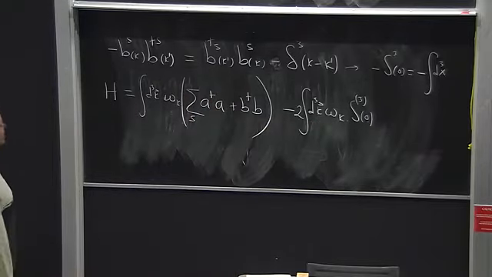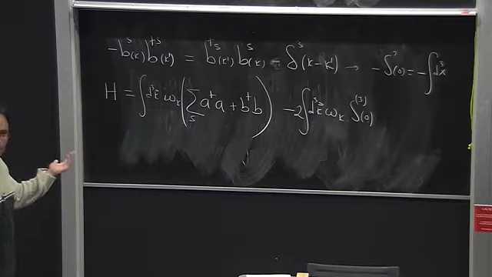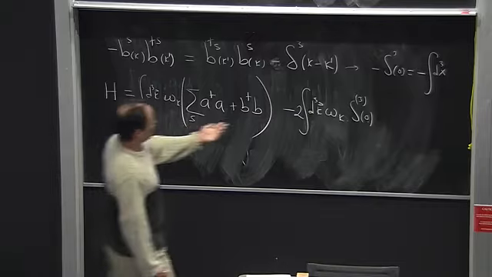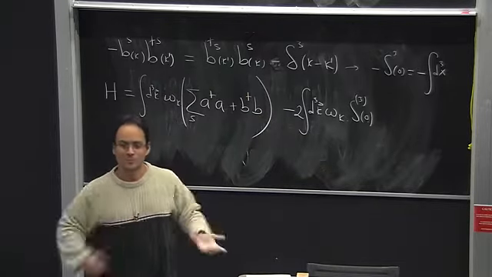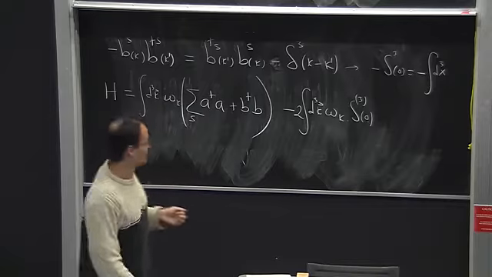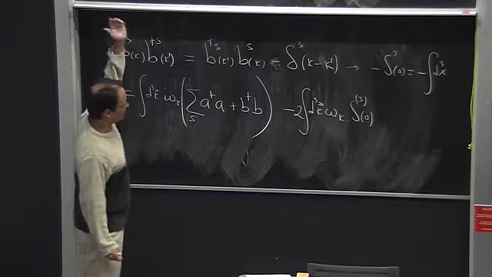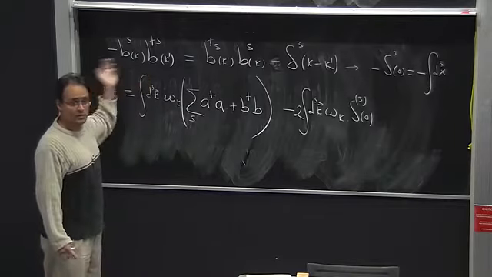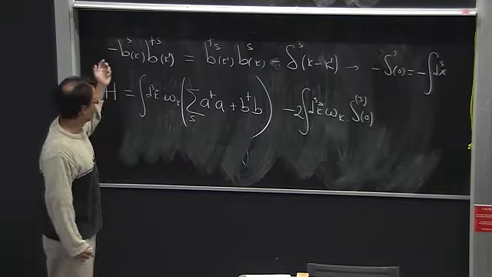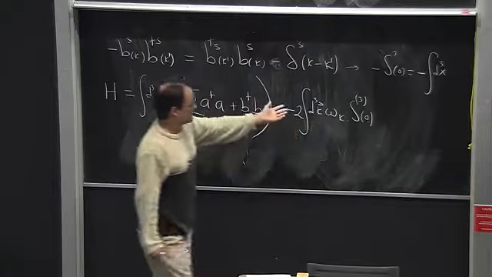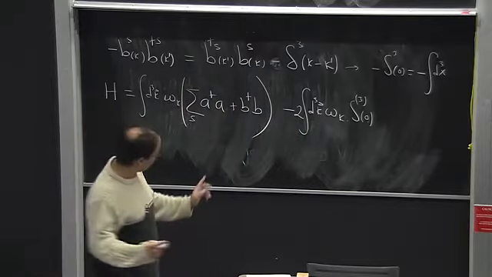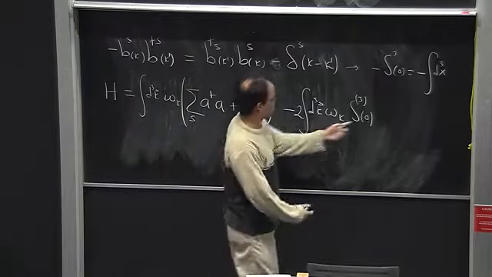I mean, it's really hard to avoid the temptation of saying that the two disasters can combine to actually give you something sensible. In fact, if you had started with a theory that had, say, two real scalar fields, and this guy, then together, they will give you something, if you can combine these infinities.